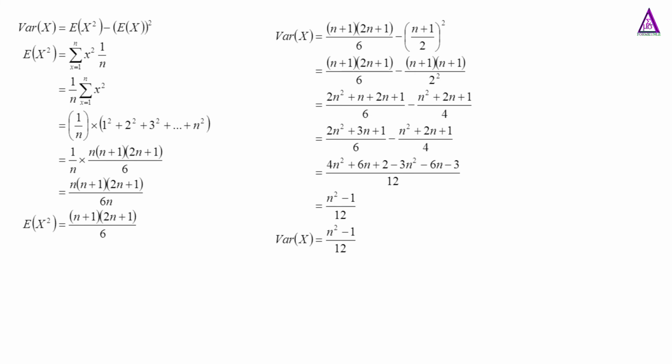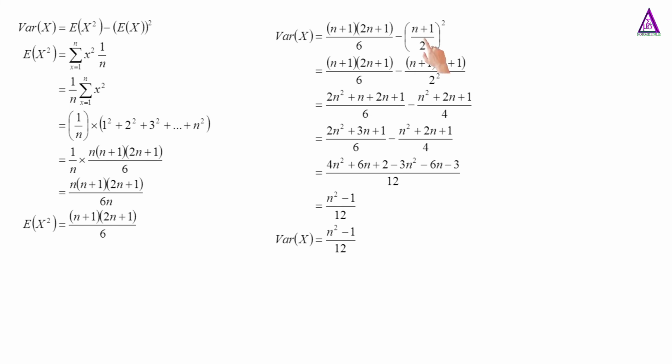So variance: variance of x equal to, substituting the value, the expected value of x squared minus the expected value of x raised to the power 2. We have n(n plus 1)(2n plus 1), everything divided by 6, minus ((n plus 1) divided by 2) all squared.